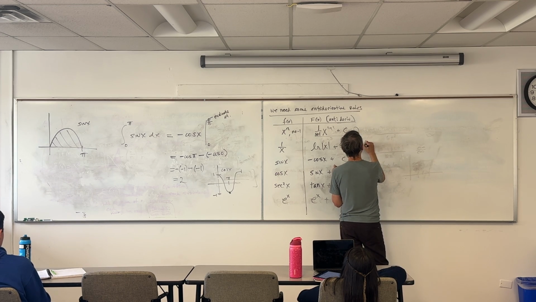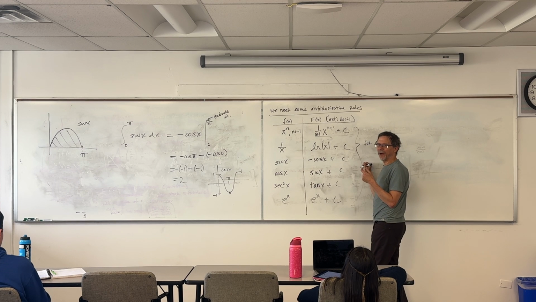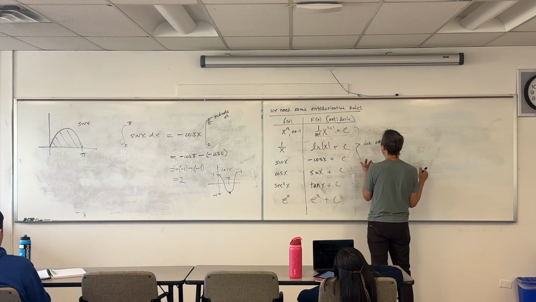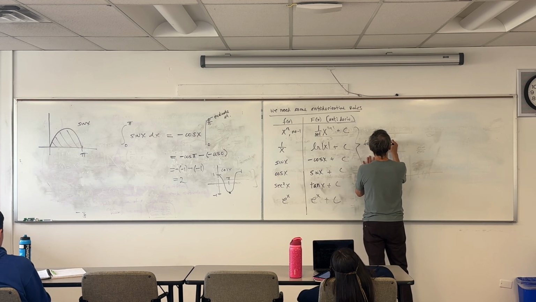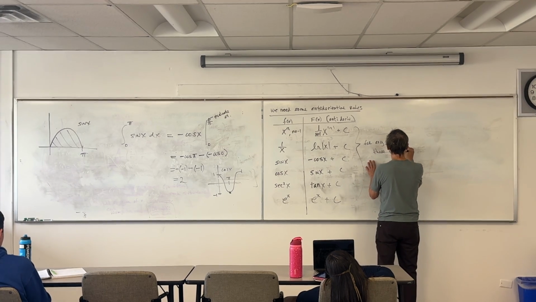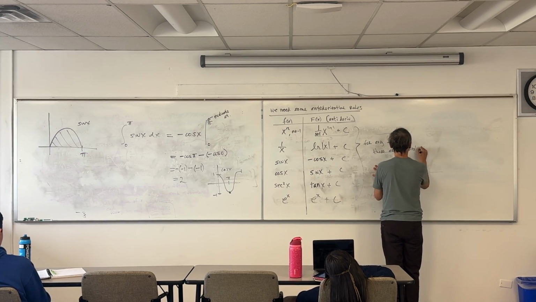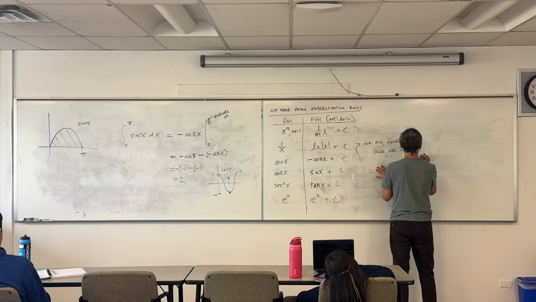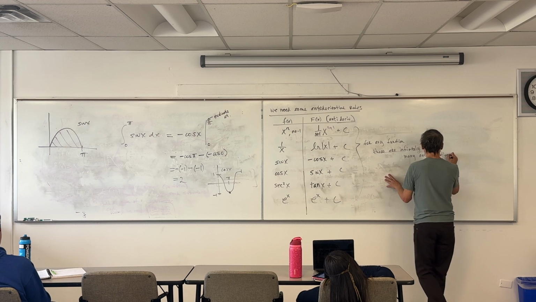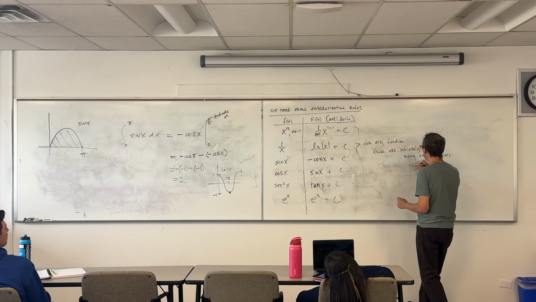So for any, because you probably lost some points in some calc class for not putting the plus C. Everybody loses some points for that if they took calc 1. For any function, there are infinitely many antiderivatives that differ by a constant.